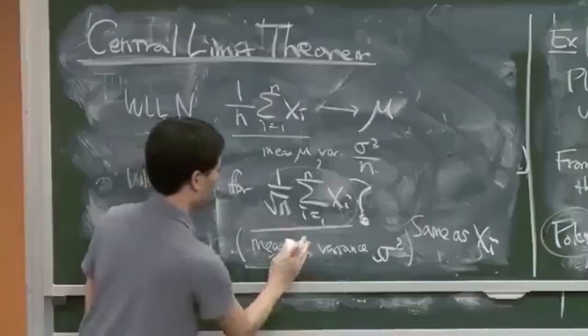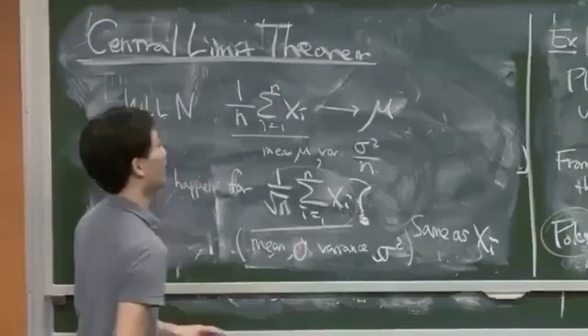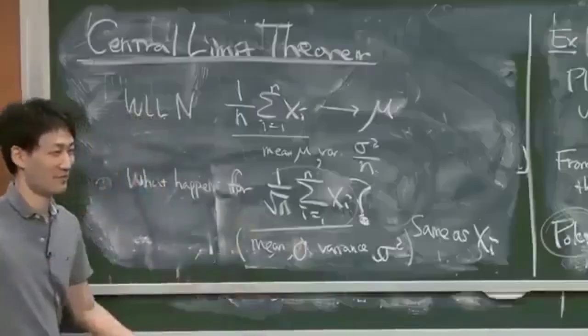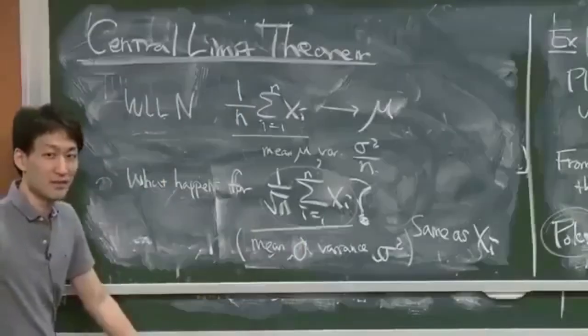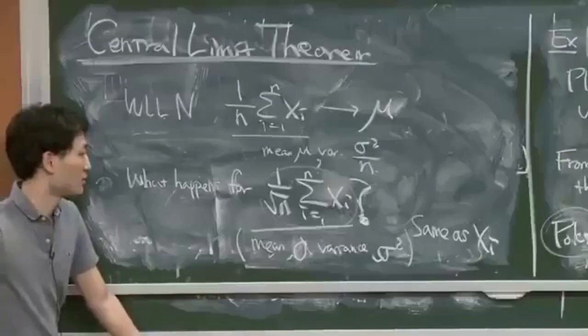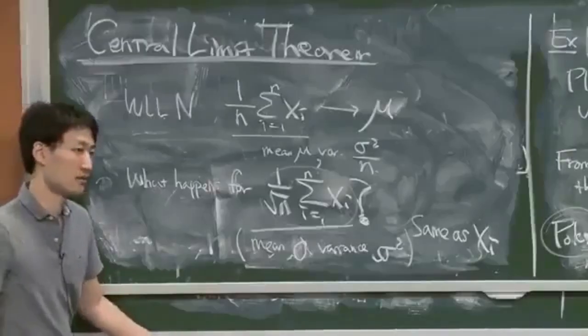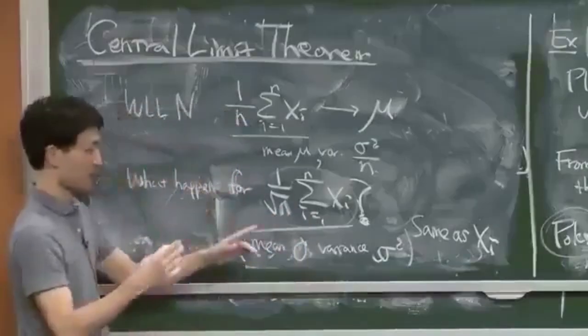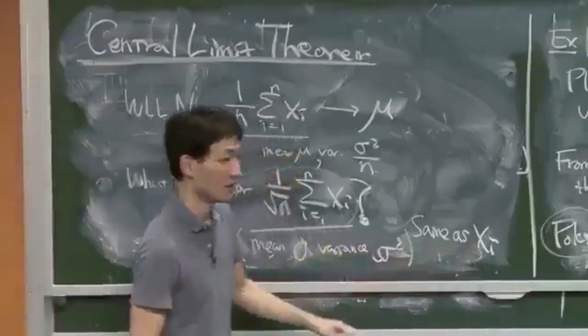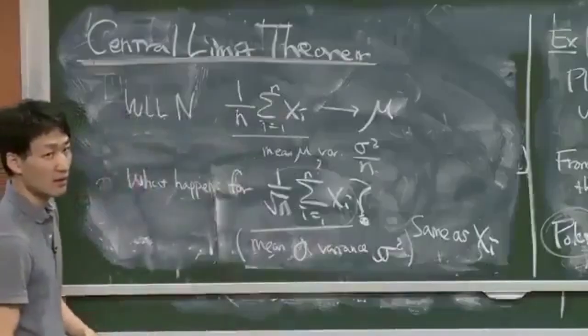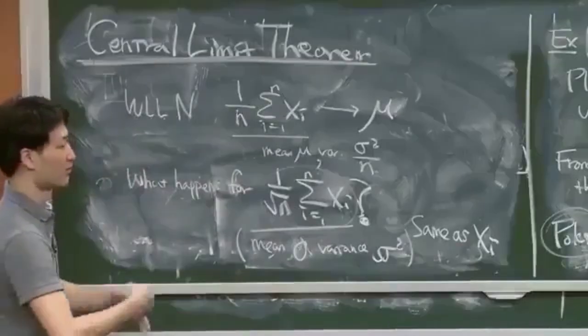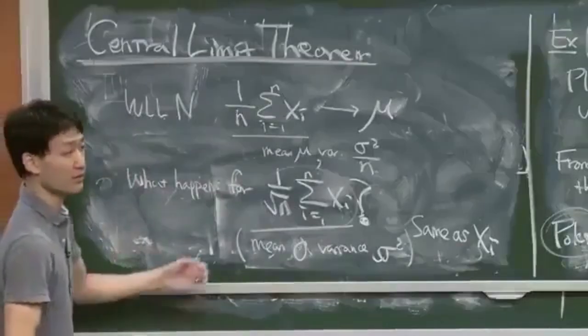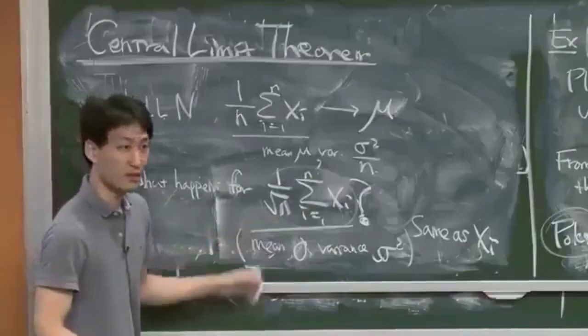If mean is mu. Thank you very much. The case when mean is 0. Yeah. Thank you. Okay, for this special case, will it look like xi or will it not look like xi? If it doesn't look like xi, can we say anything interesting about the distribution of this?